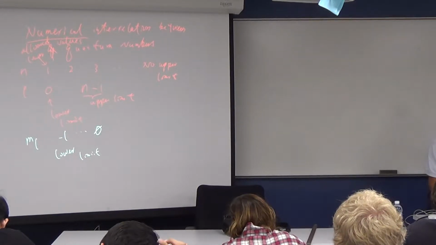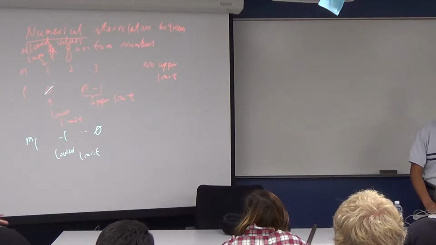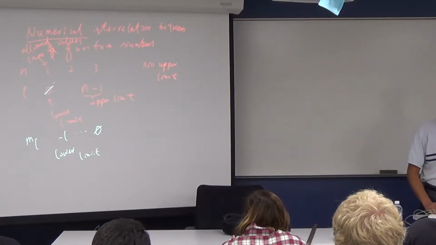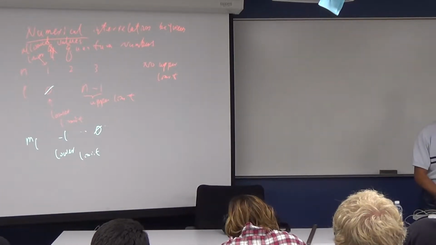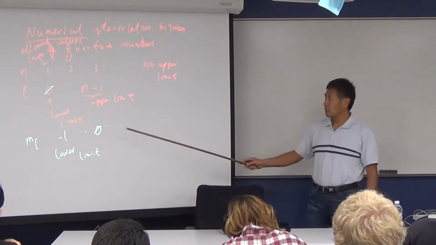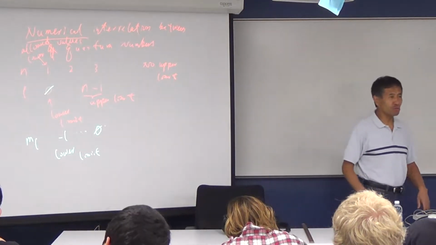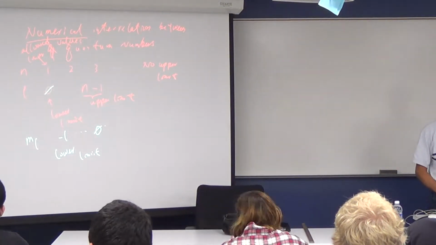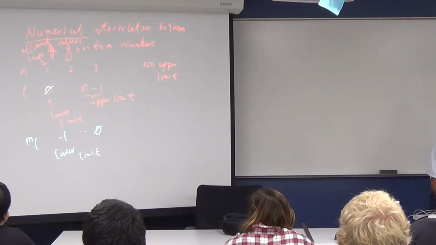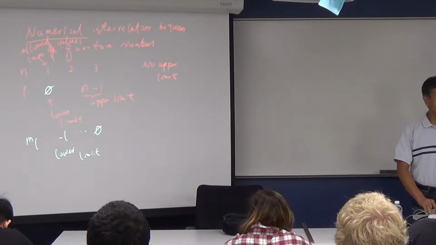Does it include 0? Yes, it does. I draw a line through the zero because I don't want to confuse O and 0, so I usually write 0 as O with a line through it.